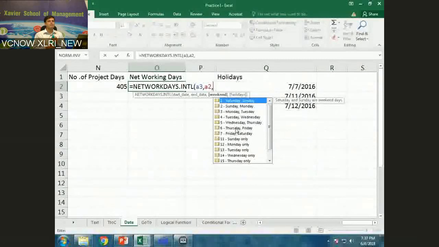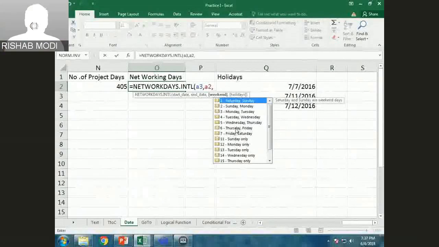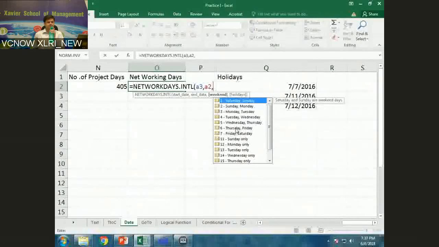So what does INTL stand for? International, because you have all the options for different international regions. That's why it's INTL. I think it was introduced in 2013. In 2007, we have NETWORKDAYS, but you don't have INTL, so the weekend option is not there.